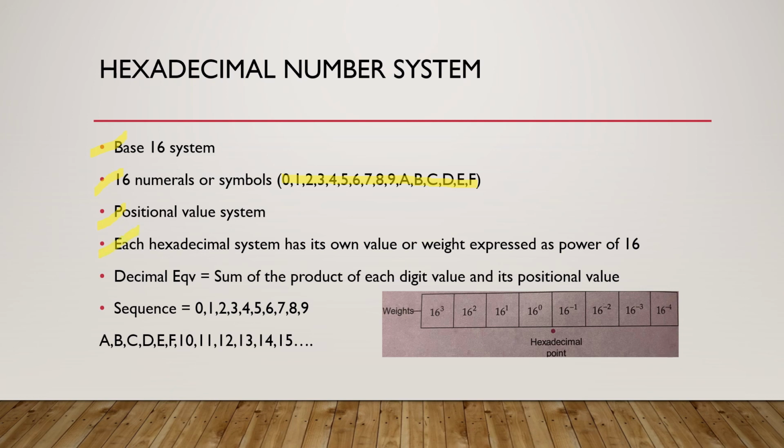As given in the figure, we can see the hexadecimal point, and the digits on the left of the hexadecimal point are positive powers of 16, and the digits on the right side of the point are negative powers of 16.